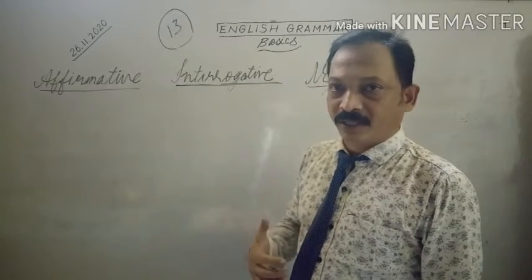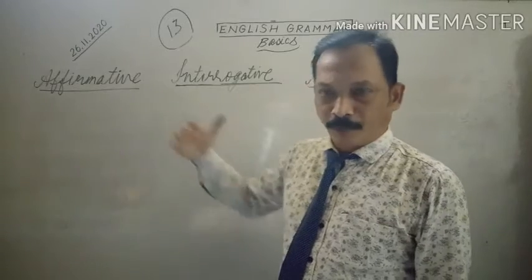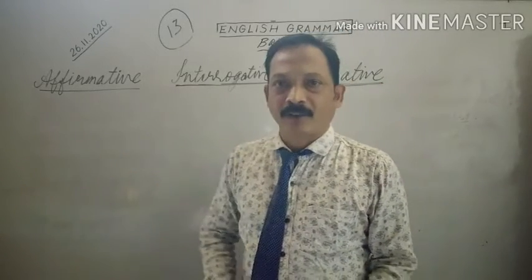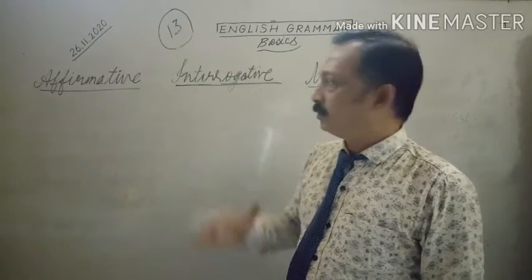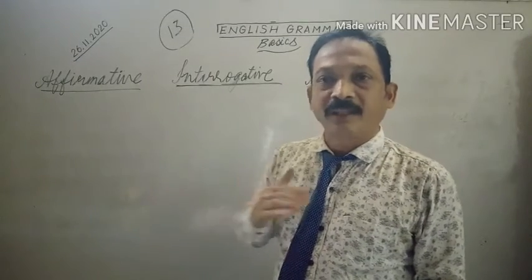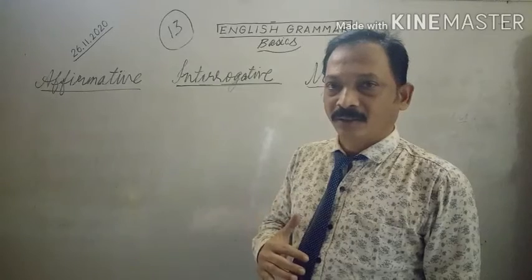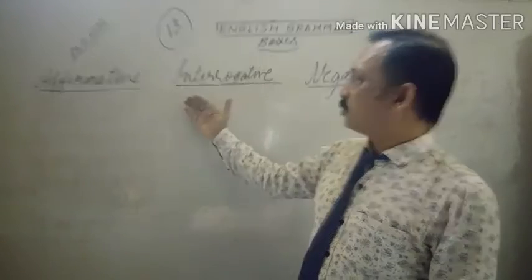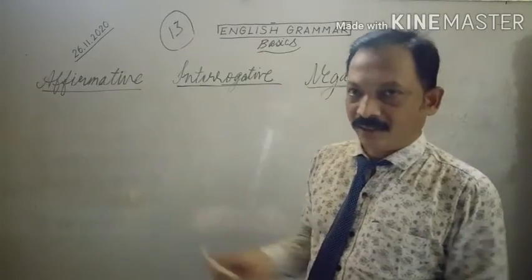Today we will be discussing how to change affirmative sentences where the main verbs are other than the forms of be and have, like come, go, eat, dance, into interrogative and negative sentences.